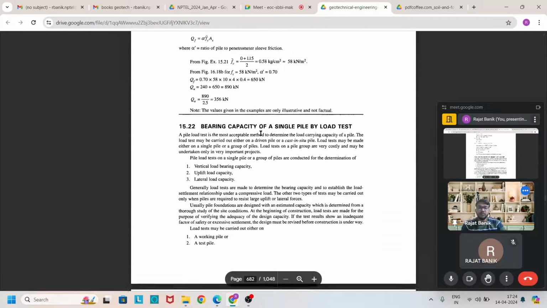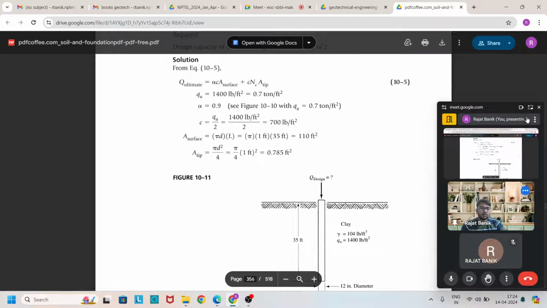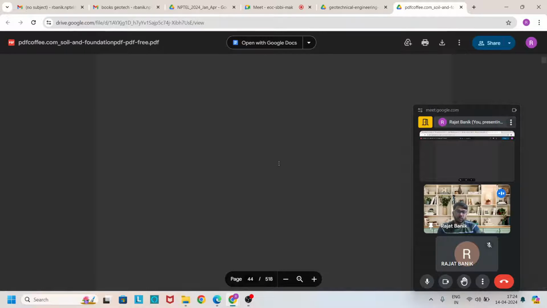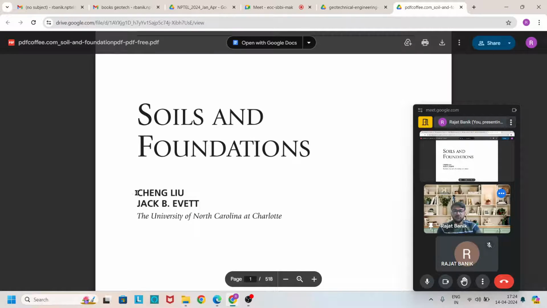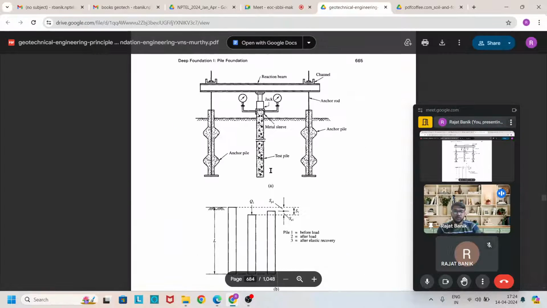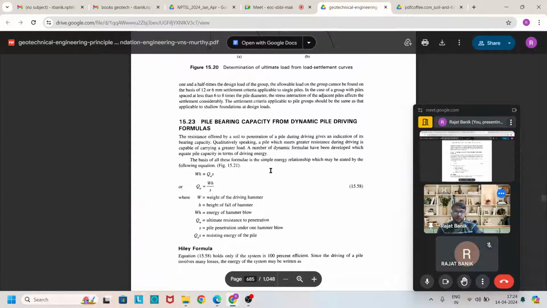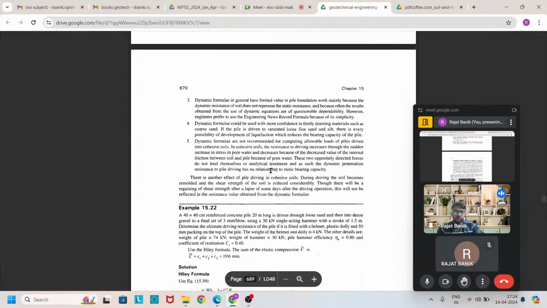I am following here V.N.S. Murthy or some other writer. I am taking these books from Sharp Profile. These details are also provided in Sharp Profile. Please go through it. I am taking Chang's books, so please go through once. Very important books, these two are very important books. Now I will solve one problem on group capacity.